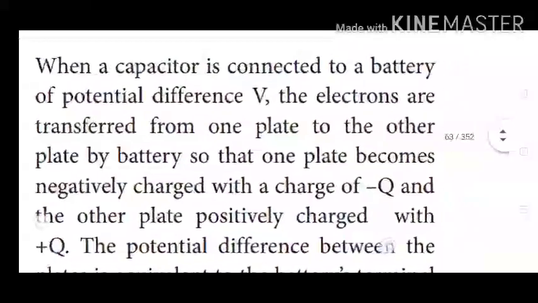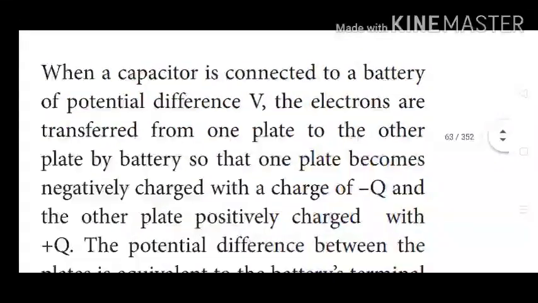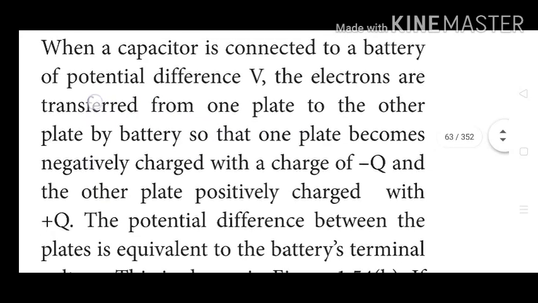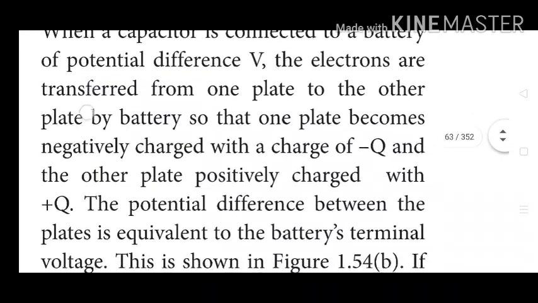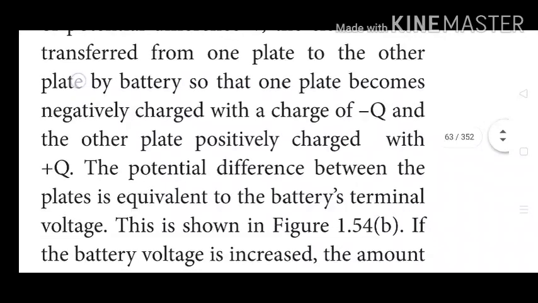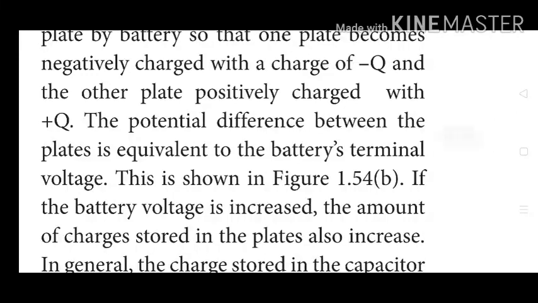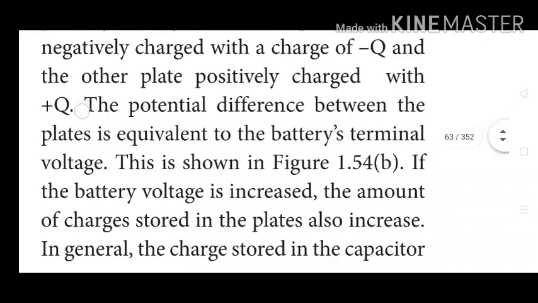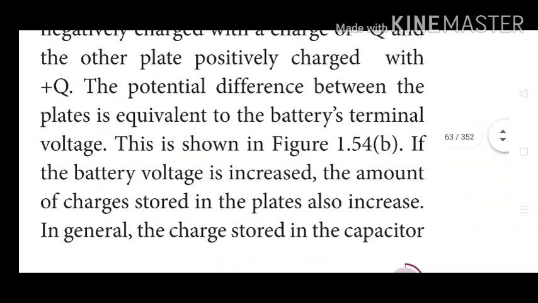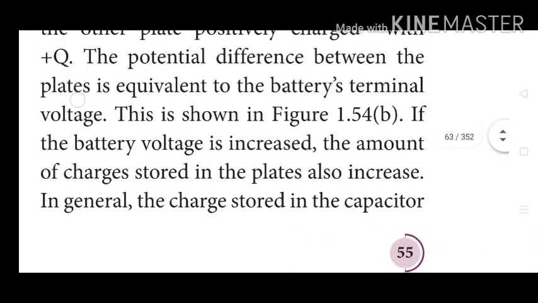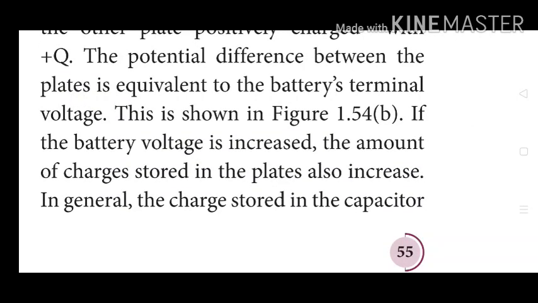Very important: when a capacitor is connected to a battery of potential difference V, electrons are transferred from one plate to the other plate by the battery, so that one plate becomes negatively charged with a charge of minus Q and the other plate positively charged with plus Q. The potential difference between the plates is equal to the battery's terminal voltage. If the battery voltage is increased, the amount of charge stored in the plates also increases.